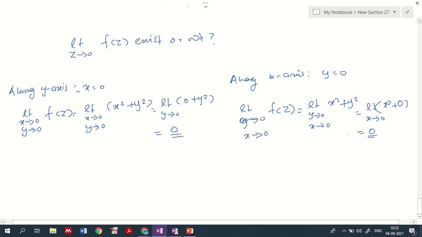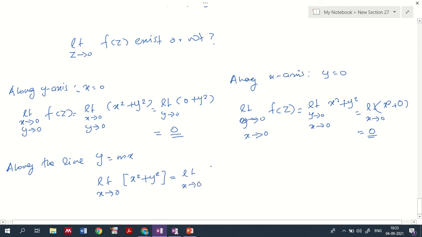And now we need to verify with another case, that is along the line y is equal to mx. Okay, so limit x tends to 0, because in this case if x is getting to 0, y will be automatically 0, right? So we are only evaluating with respect to x, so x square plus y square, this is the function we are having. What is x square here?